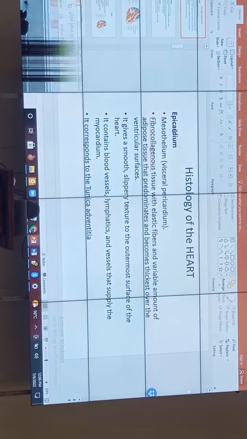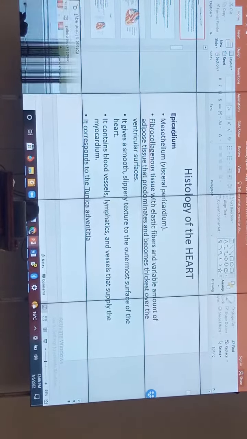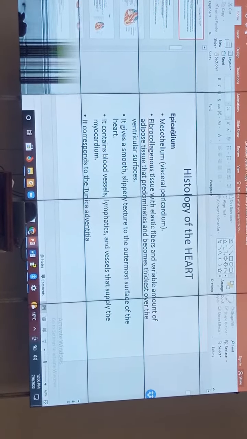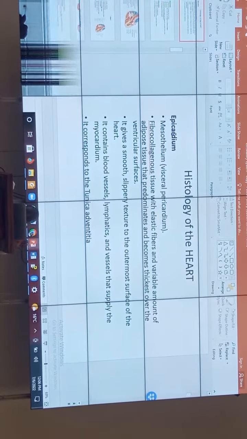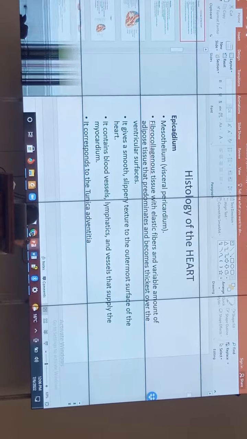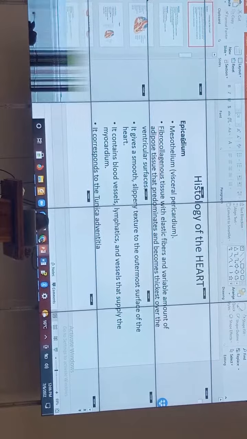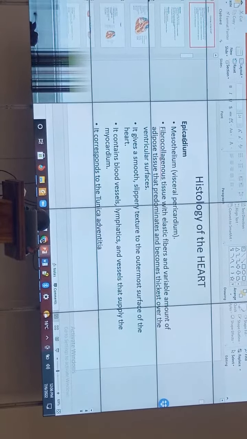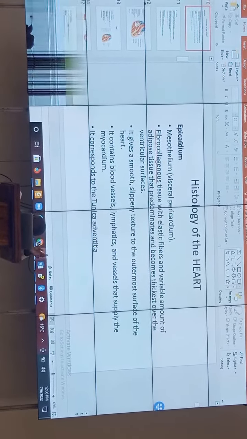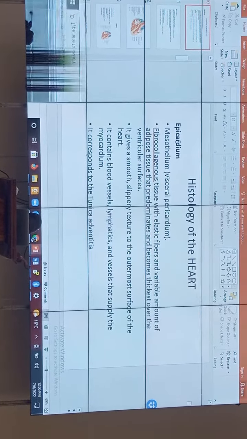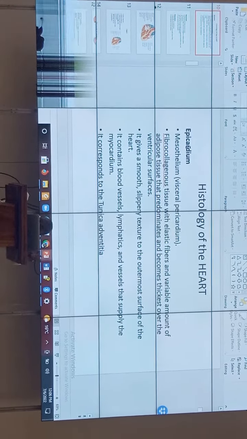So I was saying that this epicardium, in actual sense, which is the outermost layer, is made up of just a thin layer of loose connective tissue, which is overlaid on the outer aspect by the visceral pericardium. Remember when we were talking about the pericardium, we divided it into fibrous pericardium and serous pericardium.